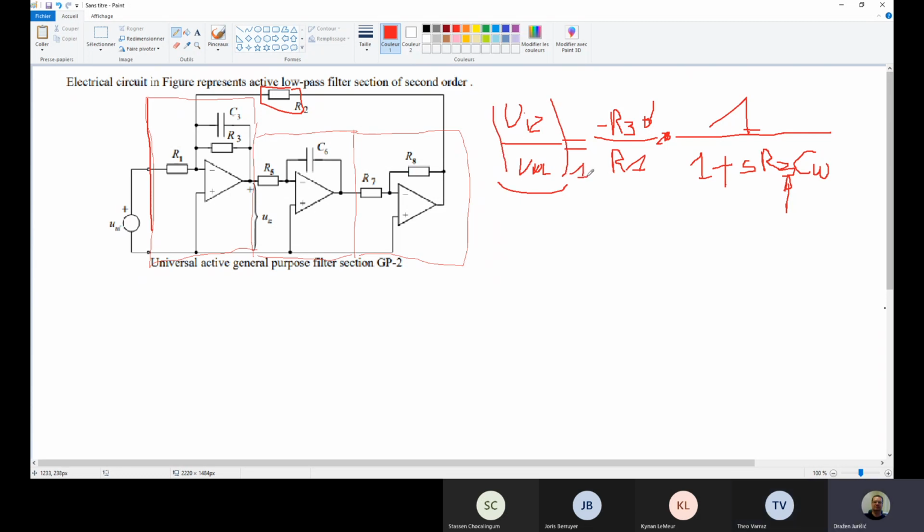You put 1 by L. Then you write the same expression and replace only R1 by R2. You write U is over UL2, everything the same except R1 replaced by R2.